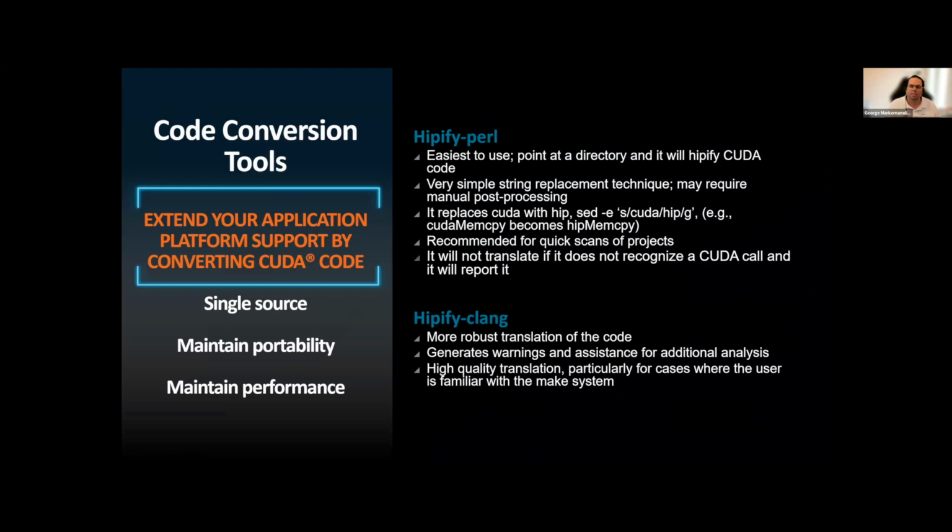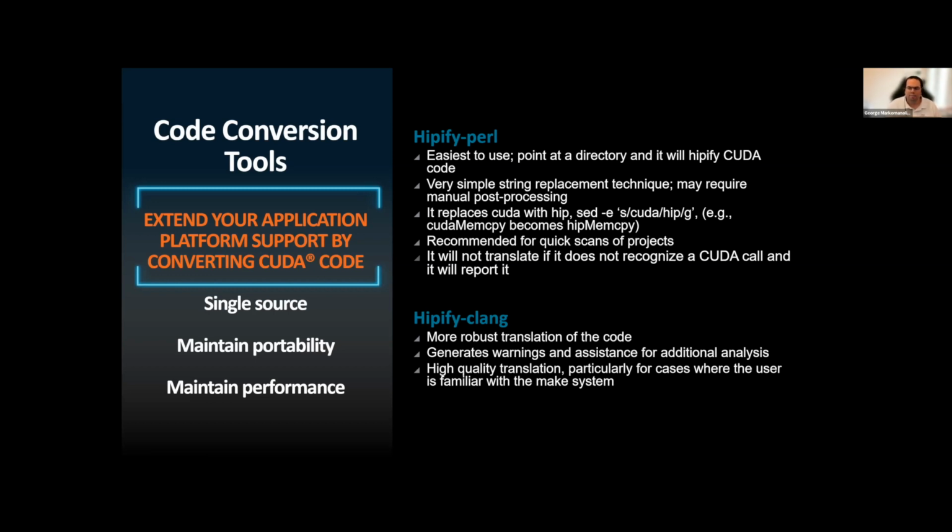Basically, it replaces CUDA with HIP only if it recognizes the CUDA API as supported by HIP. If something goes wrong, it will report the lines it couldn't convert. So it's a really easy tool to use.